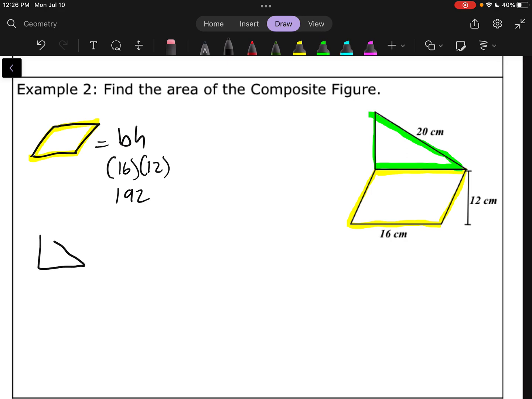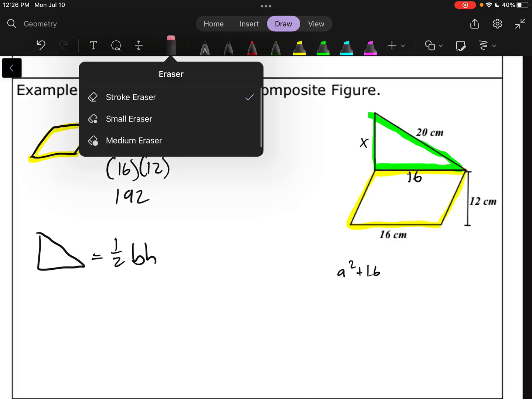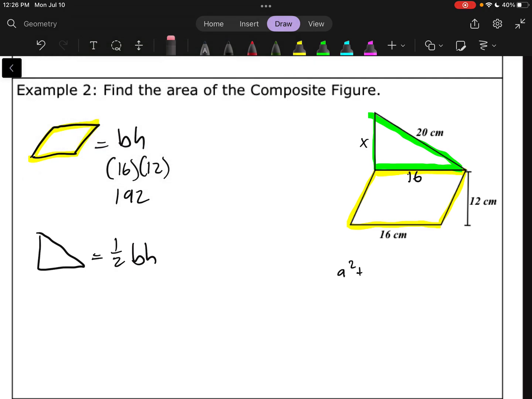Now let's look at the triangle. For the triangle, we need to do 1/2 base times height. Our base is definitely the 16, but we don't have the height. So let's take a quick time out and do the Pythagorean theorem to find the height. That's going to be a squared plus b squared equals c squared. That'll be x squared plus 16 squared equals 20 squared.